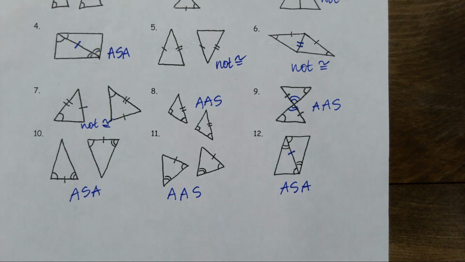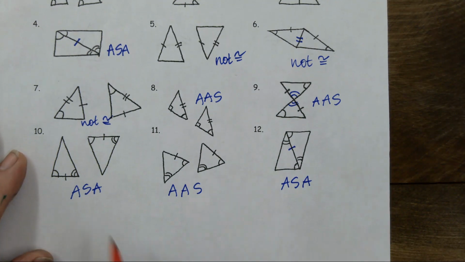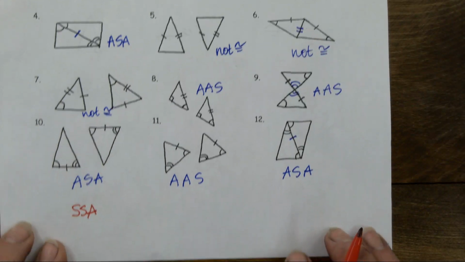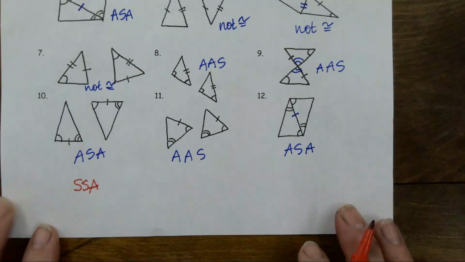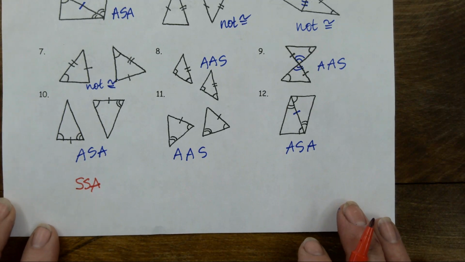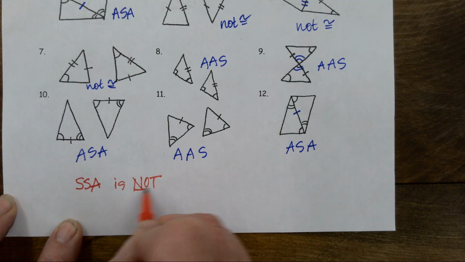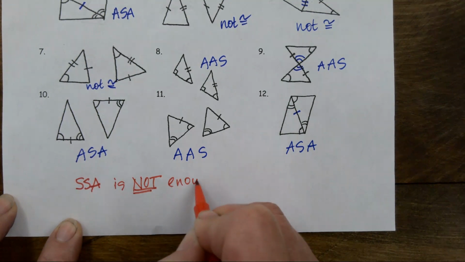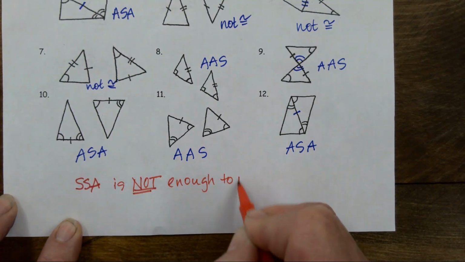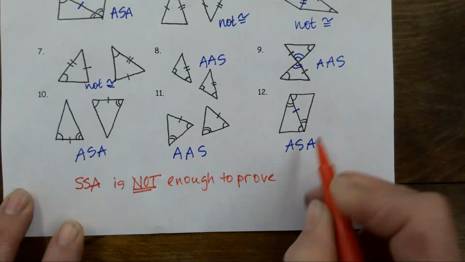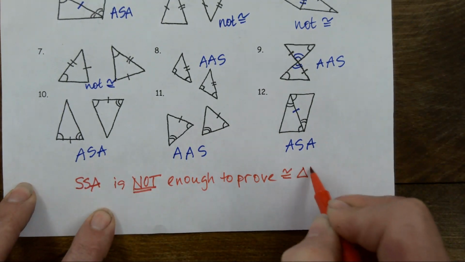One thing that I want you to add to the bottom of your paper is SSA. Or if you write that backwards, it means the same thing. It is not enough to prove congruent triangles.